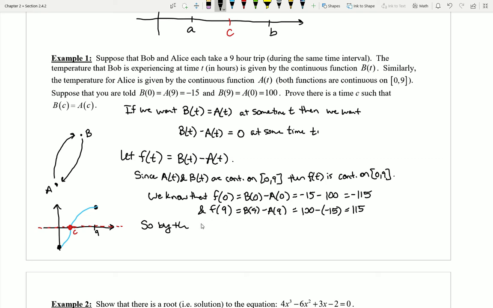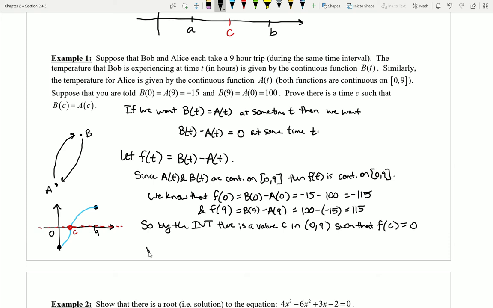By the intermediate value theorem, or what we'll commonly abbreviate as IVT, there is a value c in the interval from 0 to 9 such that f of c equals 0.